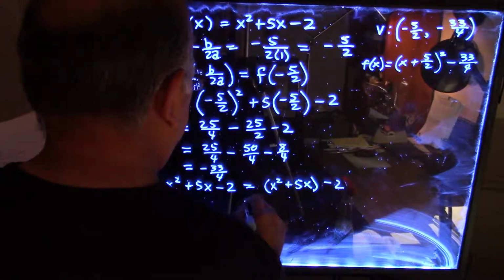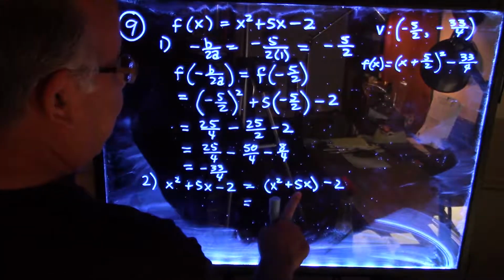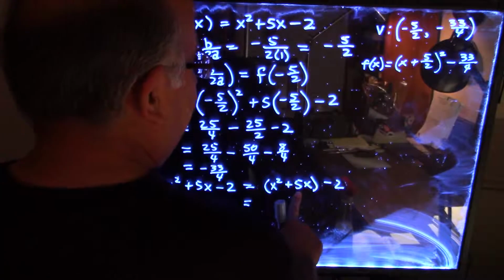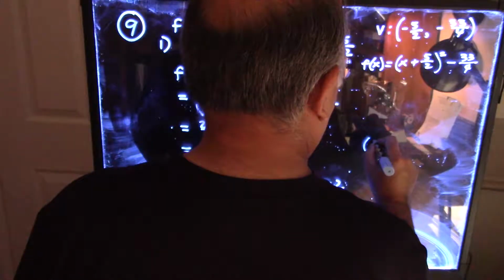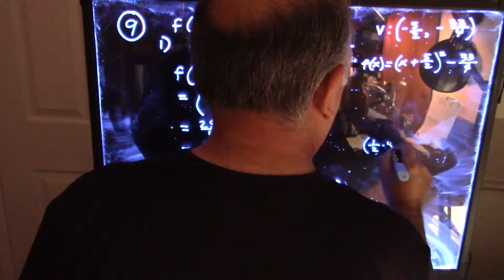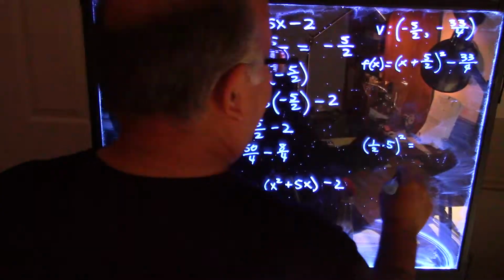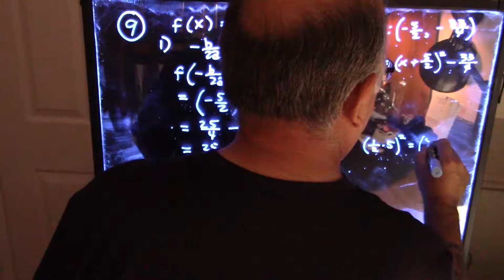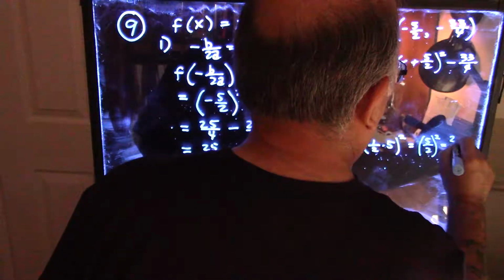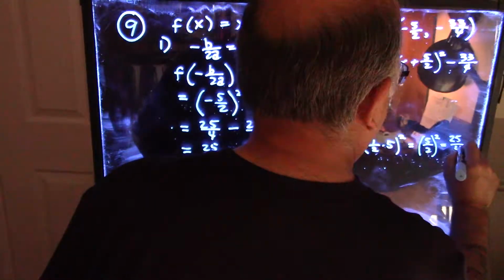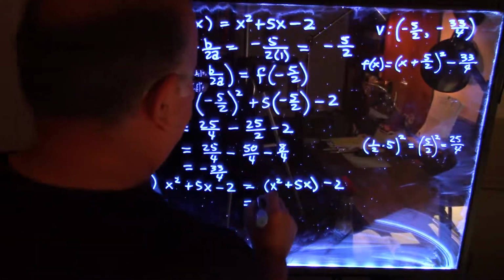Now you take half the coefficient of x and square it, and then add and subtract it. Half the coefficient of x is half of 5, and then you're going to square that. So that's 5 over 2 squared, and that's 25 over 4. So what you're going to do is add and subtract that number inside the parentheses.